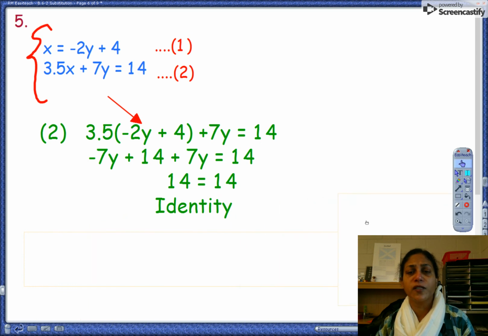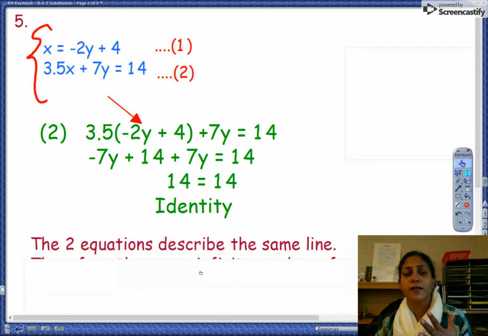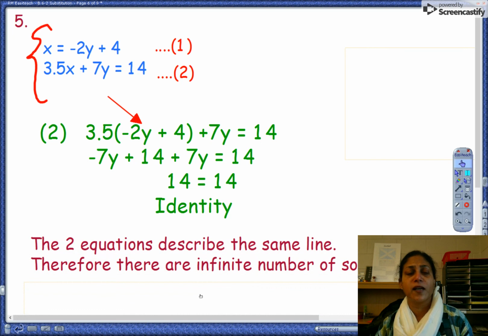If you end up with a statement that really is not solving your equation, but it's true, then this is when the two lines are identical. And the answer is an infinite number of solutions. So remember, if you get a true statement, it's infinite solutions.